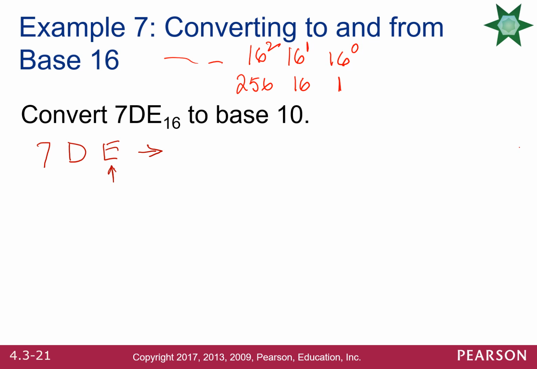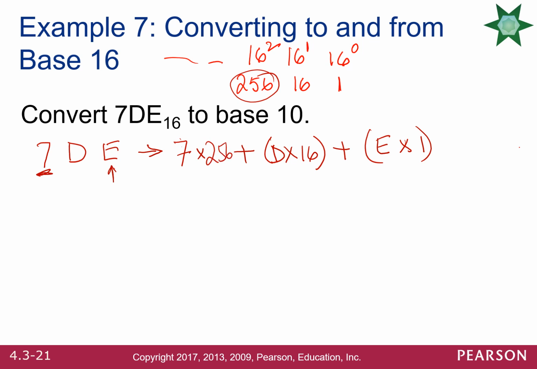So we'll start with E times 1, and then the next one is D times 16, plus 7 times, sorry, this last digit on the left-hand side is a 7. So 7 times the place value for that, which is 256. We are going to first complete the multiplication and then add up. Now, what is E?